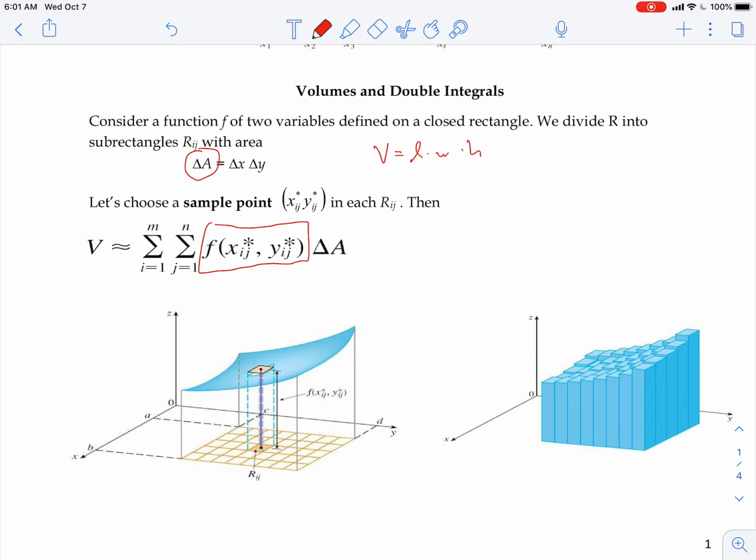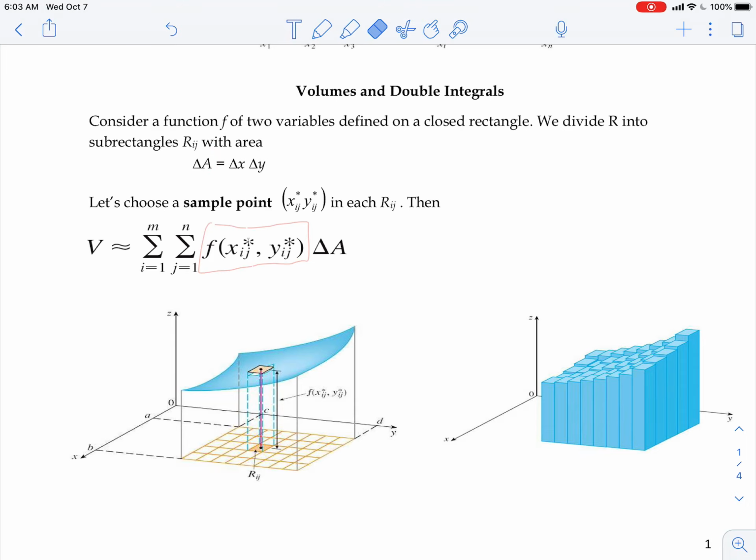We're going to keep adding the height times the area of each little prism, the x width and the y length, or the x length and the y width. It doesn't matter, right? And so that's how we're going to use our Riemann sums.